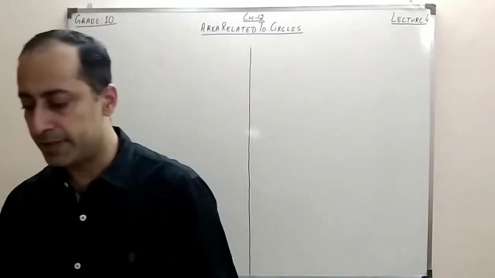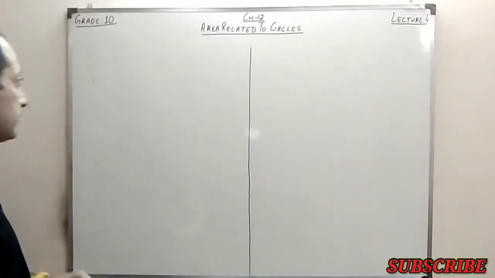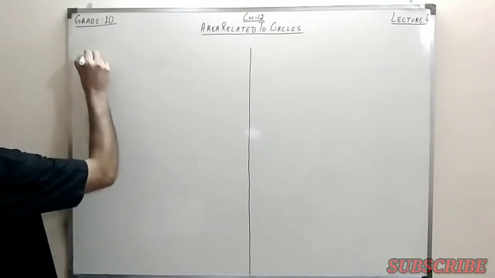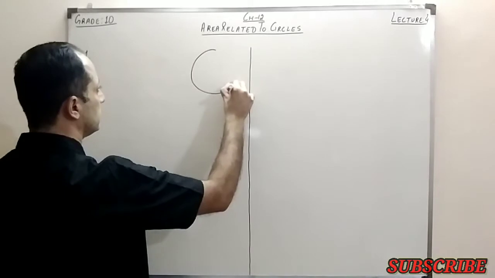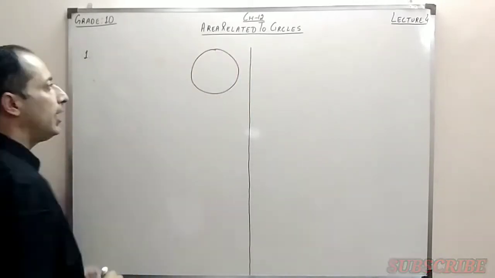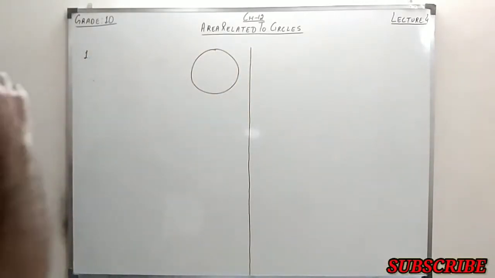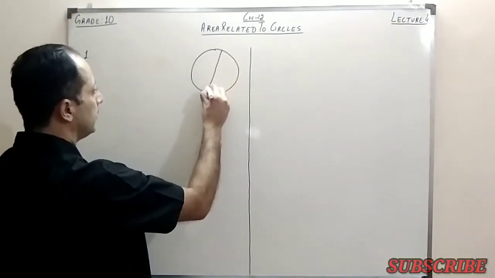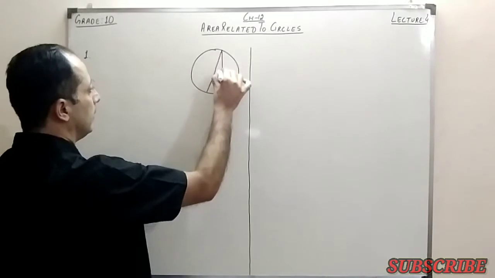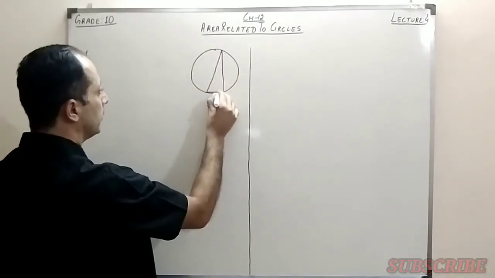Now, in the first question of exercise 12.3, what we are given is a circle, and along with the circle we have the diameter of the circle, and then a triangle is formed, something like this.